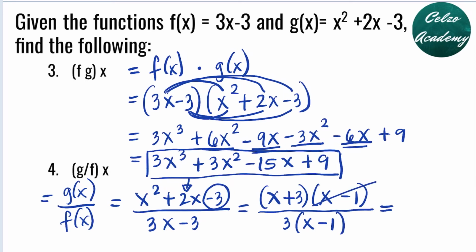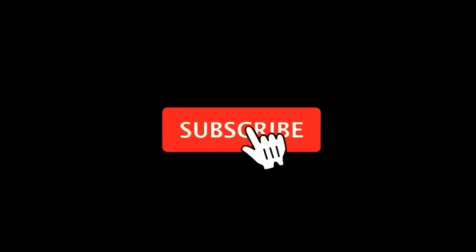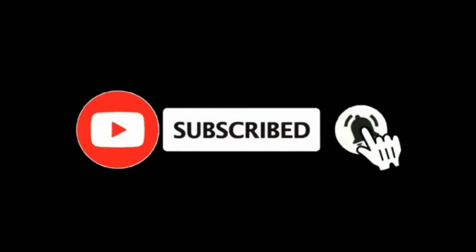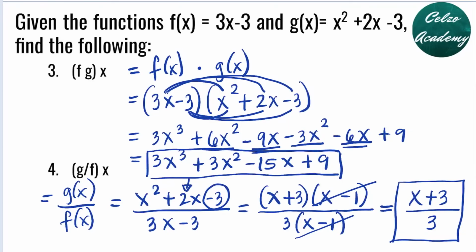So we can simplify x minus 1 divided by x minus 1, that is equal to 1. So the final answer is x plus 3 over 3. Take note, you cannot simplify here 3 divided by 3 because x plus 3 here is a whole thing.